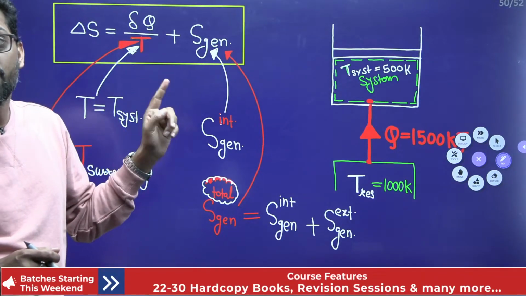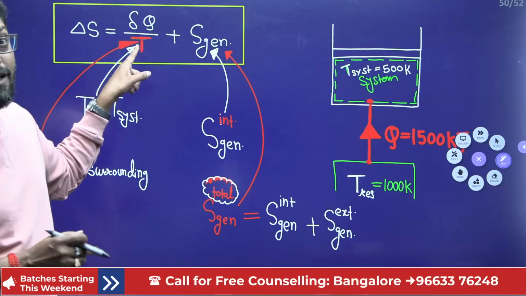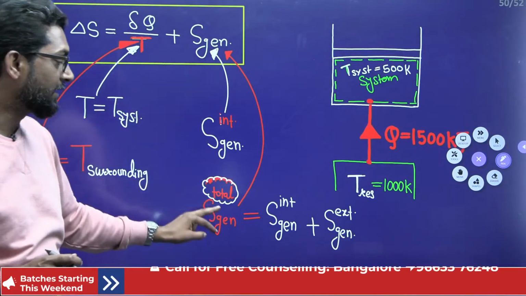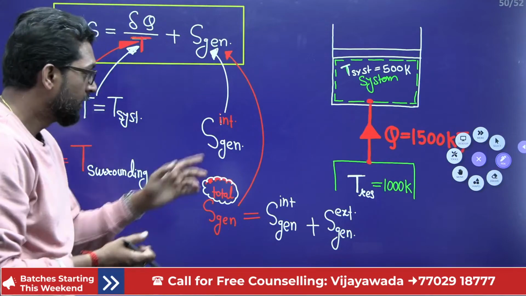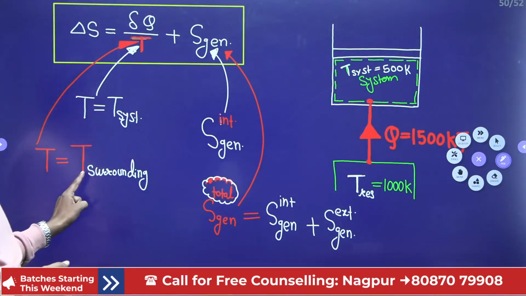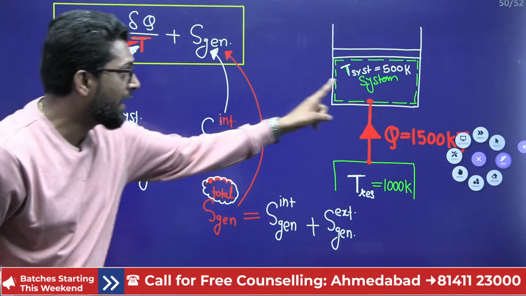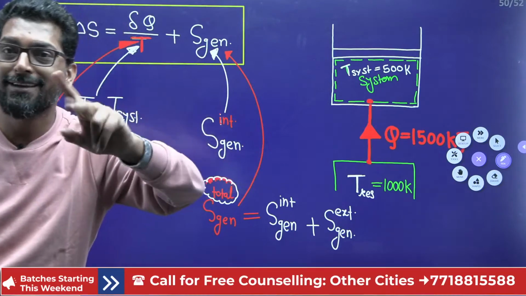This is a single temperature in this equation, not a change in temperature. We can never put T2 minus T1 here. Either this is the system or this is the total. So if you find the total generation, you always put the temperature of the surrounding. If you find internal generation, you always put the temperature of the system. No role of T2 minus T1.